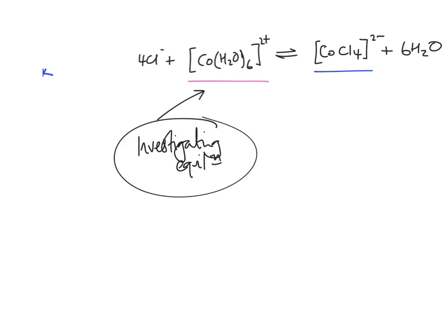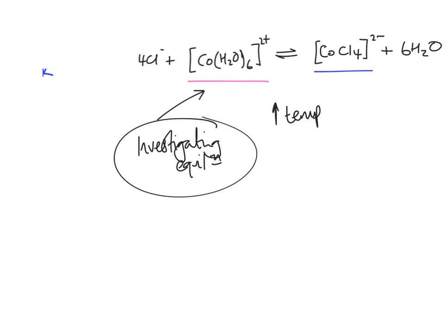In terms of investigating whether or not it's endo or exothermic, if you took a test tube of the complex in equilibrium, then if we were to increase the temperature of that solution by putting it, say, in a beaker of boiling water from a kettle, then depending on what colour it changes into tells us which side of the reaction it's shifting towards.